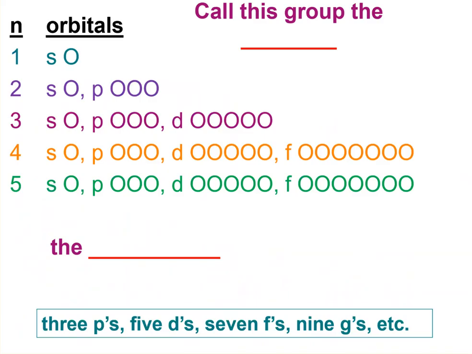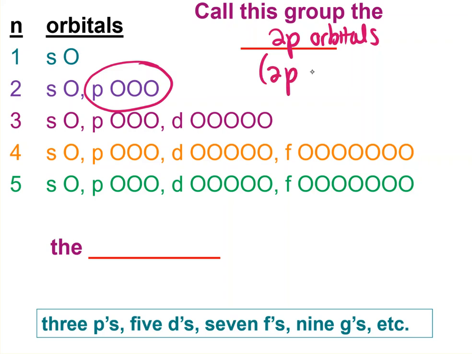Okay, we need to make sure we understand the language, what we're talking about when we say the sublevel name. For example, if I want to refer to those orbitals, I would call them the 2p orbitals, or I might call the whole set the 2p sublevel.